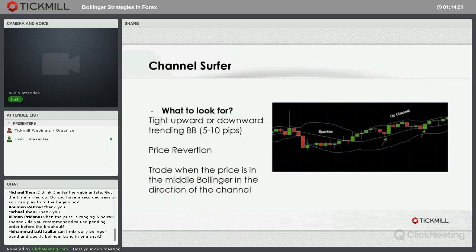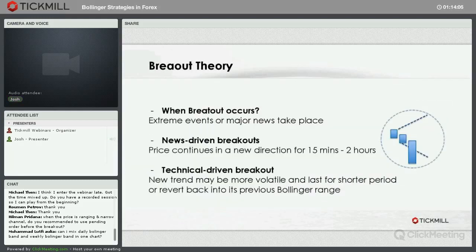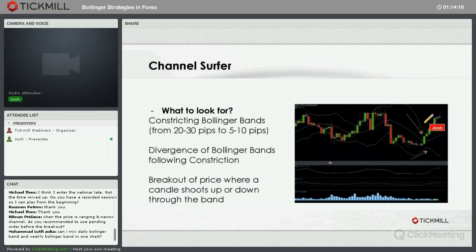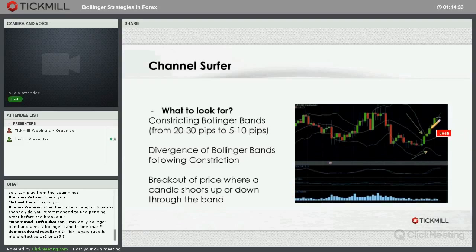Your question is more about whether you recommend using the pending order for the breakout. The problem is you don't know in which direction the breakout is going to happen. You know that a breakout is going to occur when you get a convergence in the Bollinger Bands. That's the beauty, right? If you look at the Bollinger Bandwidth indicator, it can, to some degree, predict that a breakout will happen. But if you could predict in which direction, then of course you could predict the future. Unfortunately, you can't. So we would not suggest placing pending orders unless you are trading a hedged news strategy, which we haven't gone through here.